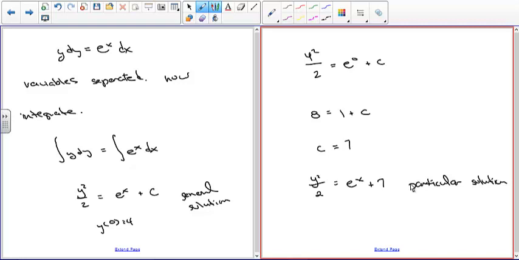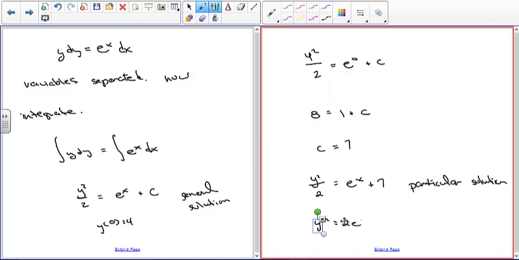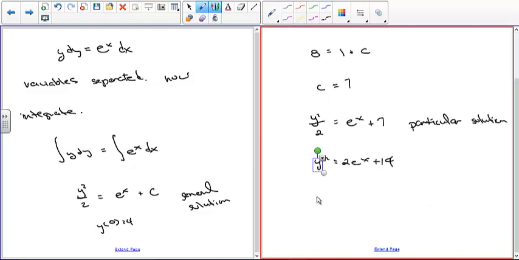Let's just do the algebra for the heck of it. If you multiply both sides by 2, you'll get y squared equals 2 e to the x plus 14. And take the square root, you get y equals plus or minus the square root of 2 e to the x plus 14. You've got to remember both solutions there.